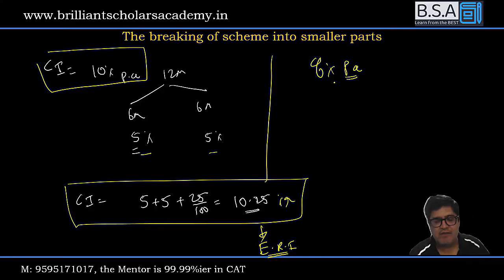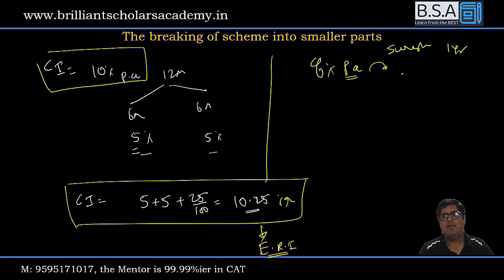what kind of question was there in CAT? You can observe here, learn this. 8% per annum was given as a loan to somebody named, let us say, Suresh, for 1 year, on an amount of, let us say, 1,20,000.